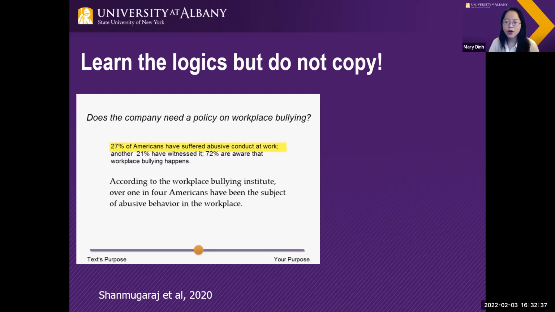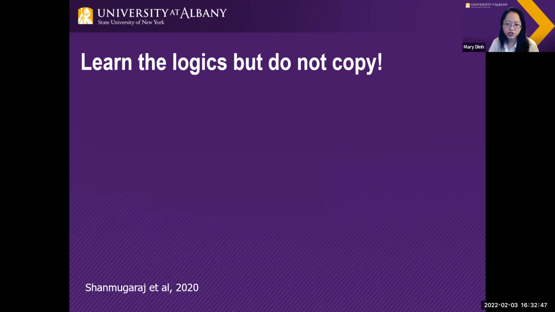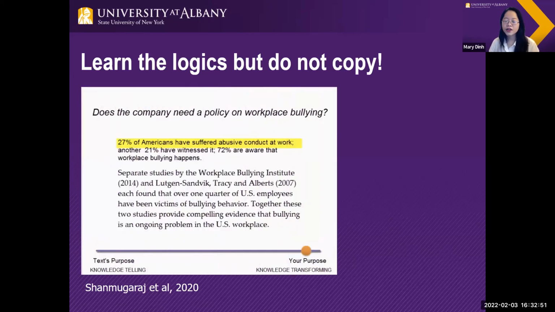One way to do it is to read the original sentence, then put it aside and think how you can say it in your own words. That is one strategy. But when you write an academic paper, it's more than just citing and repeating the ideas of other people.